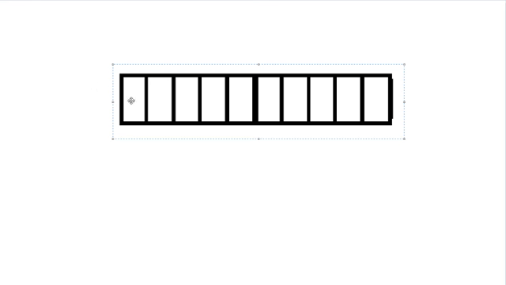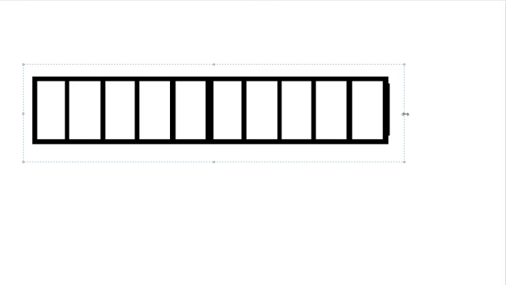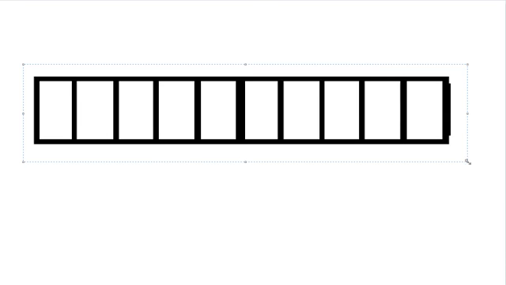So on top of each one of these, I'm going to write what it would be as a fraction on top. Let's make this pretty big.